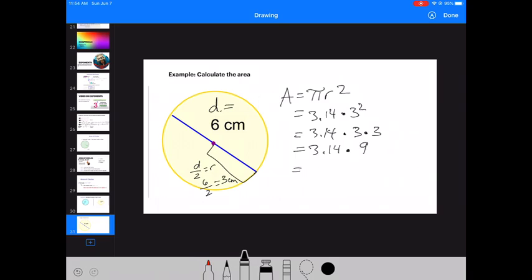You can skip steps if you need to, but I want to see most of the work. And centimeters squared, because again, it is area, not circumference, not the distance around. It's the area inside.